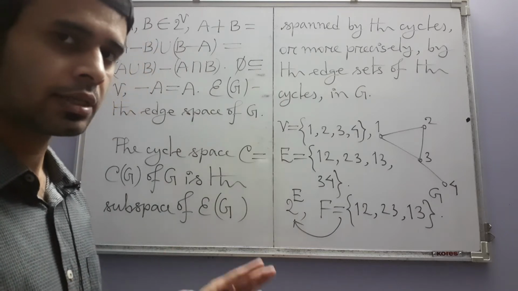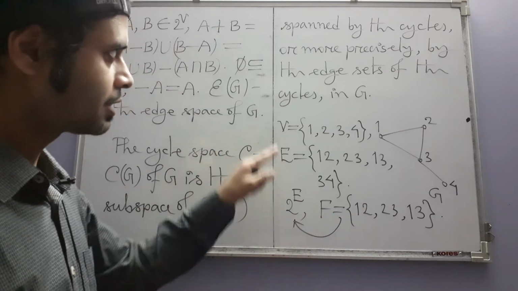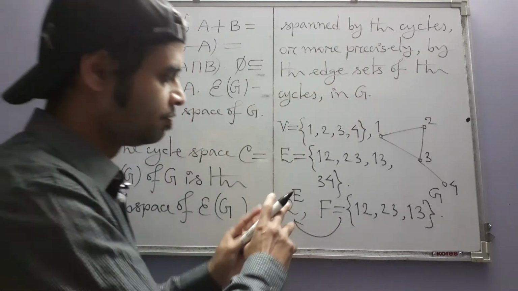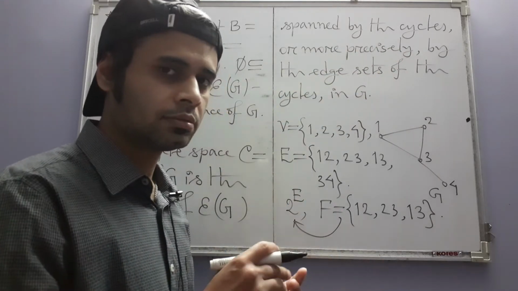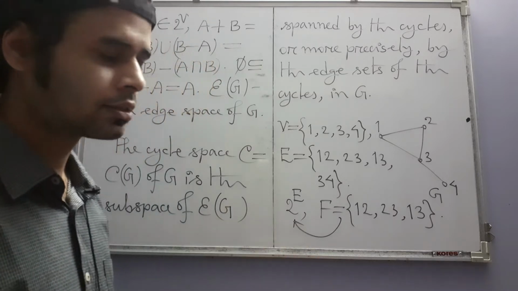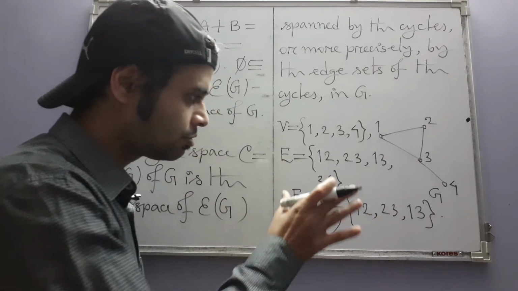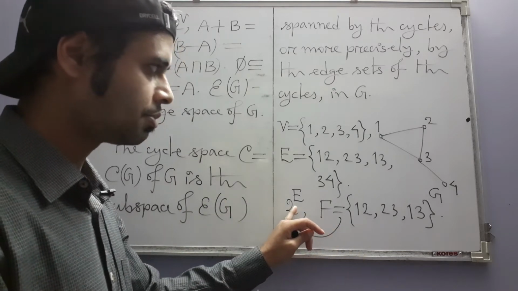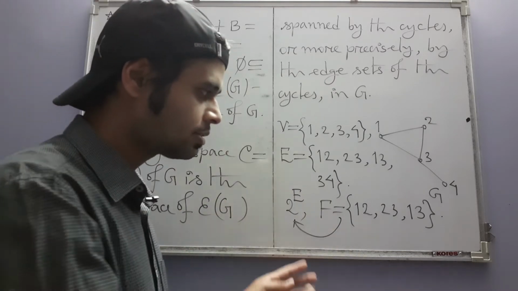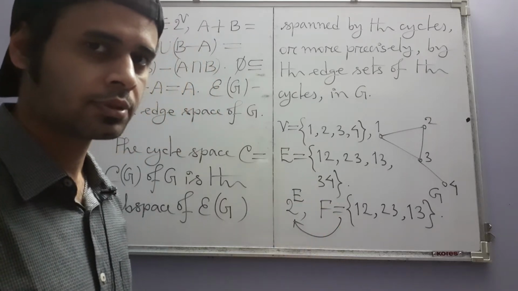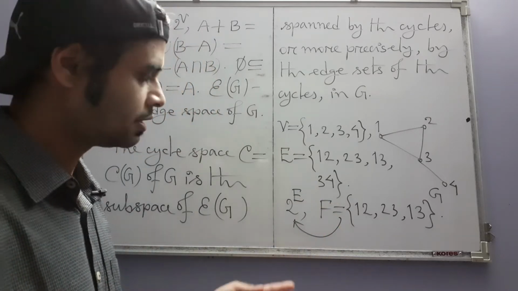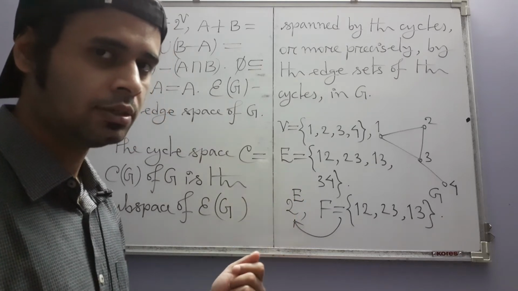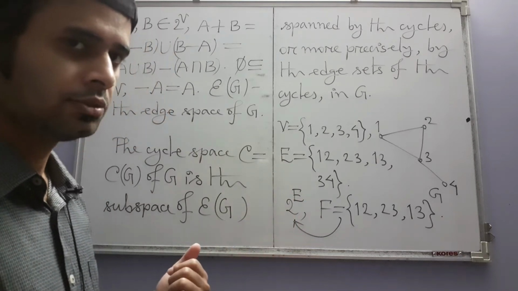And that is the cycle space of G. That's why we say more precisely by the edge sets of the cycles. Maybe there will be other cycles in other graphs, and they themselves are not vectors in the edge space, but rather their edge sets are vectors, and they will span a subspace of this vector space, the edge space of G. That is the cycle space of G.